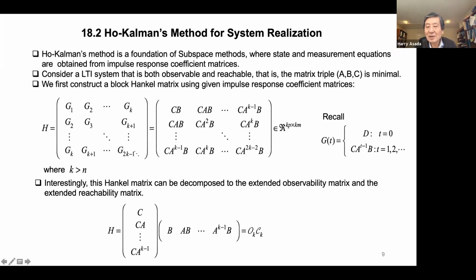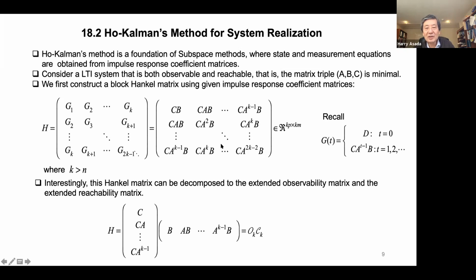You remember that. So let's plug these into this form. We skip the G0, so starting with G1, CB, and G2, CAB, then this one CAB, the next one CA squared B, and going down this way, CA^(K-1)B. Okay, you place it in this way.